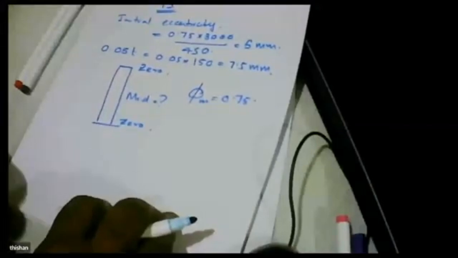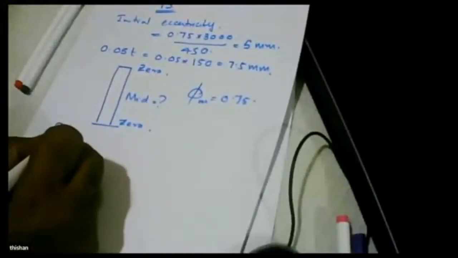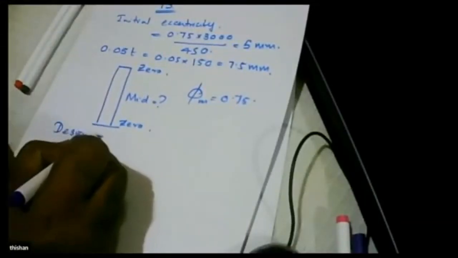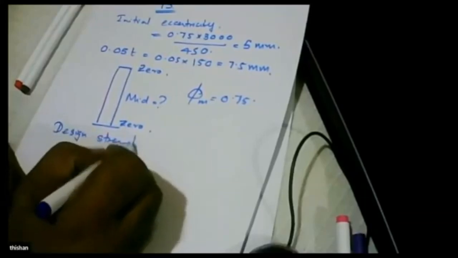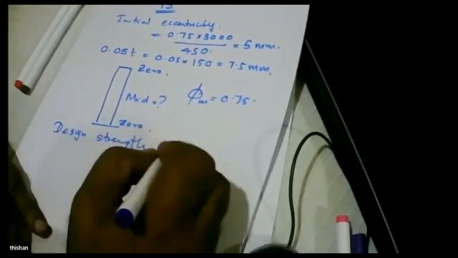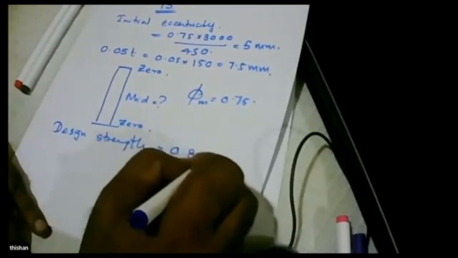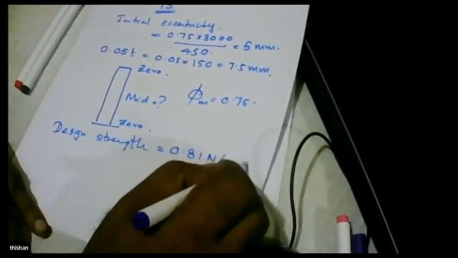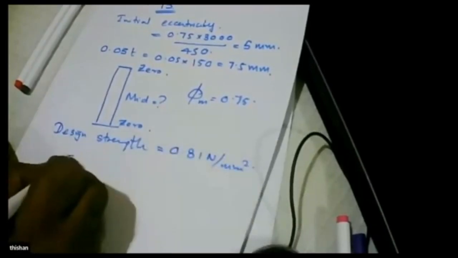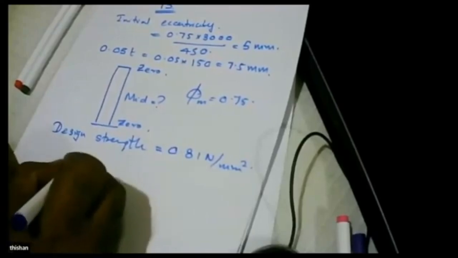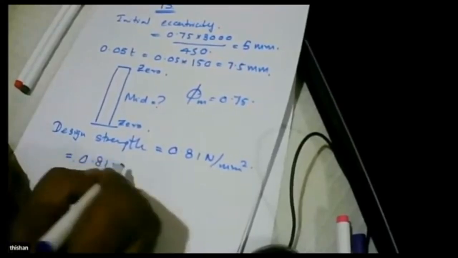So that means although we have a design strength of 0.81 newtons per millimeter squared, to allow for slenderness effects, we have to multiply it by 0.75.